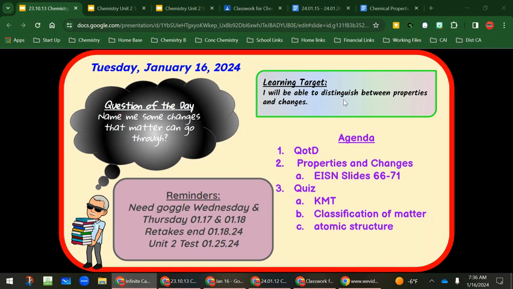What happens to iron that is sitting out? Rusting. That's changing matter, right? Rusting. What else? Burning. Okay, very good.